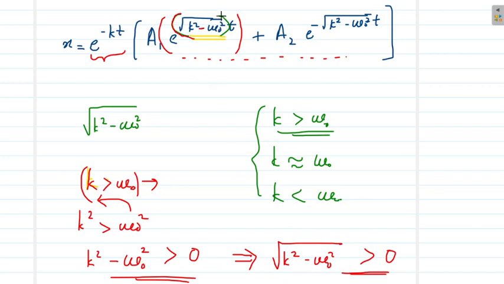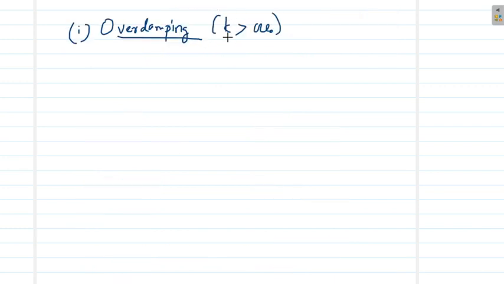So here in the exponential factor, we have a positive quantity if k is greater than omega 0. So let me write, if k is greater than omega 0, then root of k square minus omega 0 square is also greater than 0, a positive quantity, and I call this term beta.